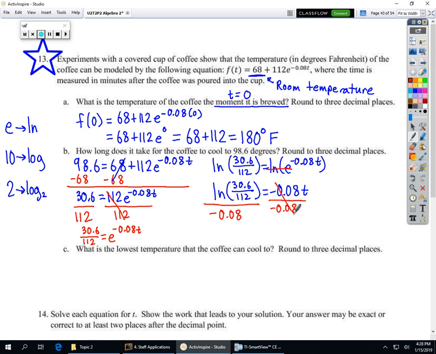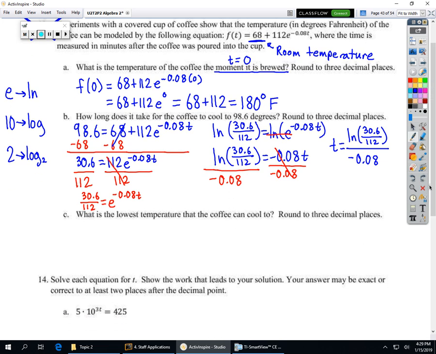These cross out, leaving t equals ln of 30.6 divided by 112, divided by negative 0.08. So fun fact, the test actually says that you can leave it as an exact answer, so you may not have to deal with this. But let's find the answer anyway. So let's put this in the calculator.